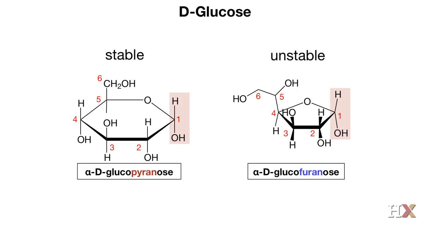So why bother with a new nomenclature? In fact, this nomenclature is more informative because it takes into account the structure of the ring that is formed. And that is important when the same molecule can form two different ring structures. For example, glucose can form a stable alpha D-glucopyranose and a less stable alpha D-glucofuranose.